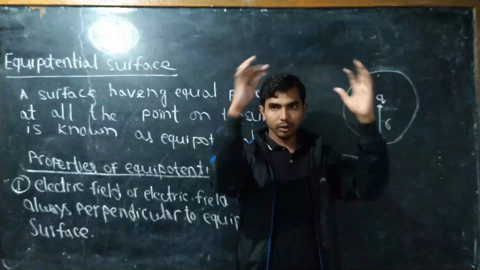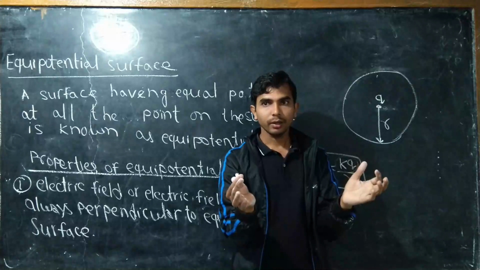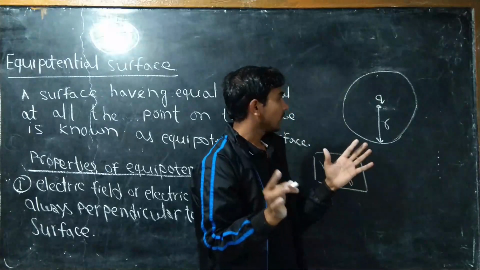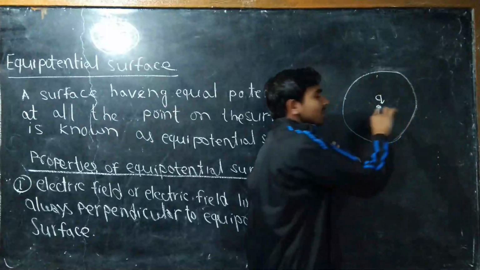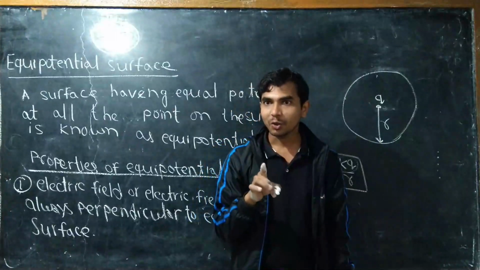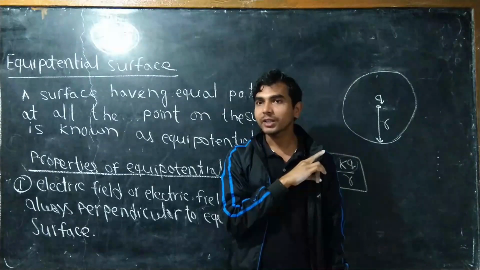It will be a spherical shape. So one thing is now clear: at all the points on this surface, potential is equal. This is your equipotential surface due to a point charge.